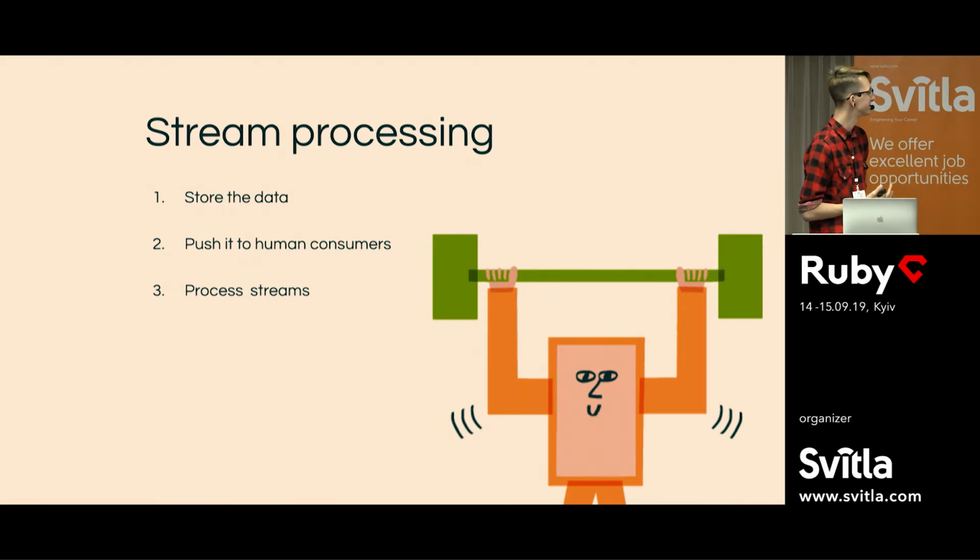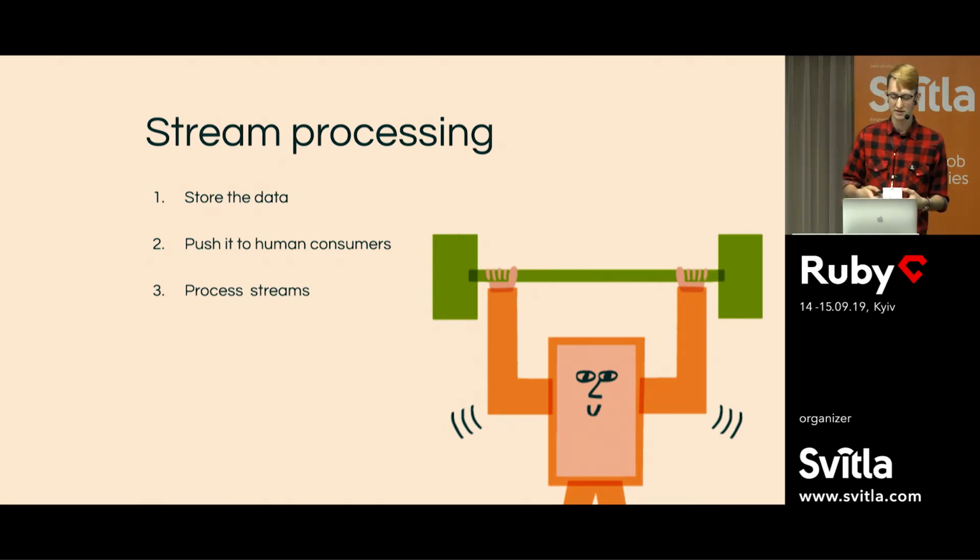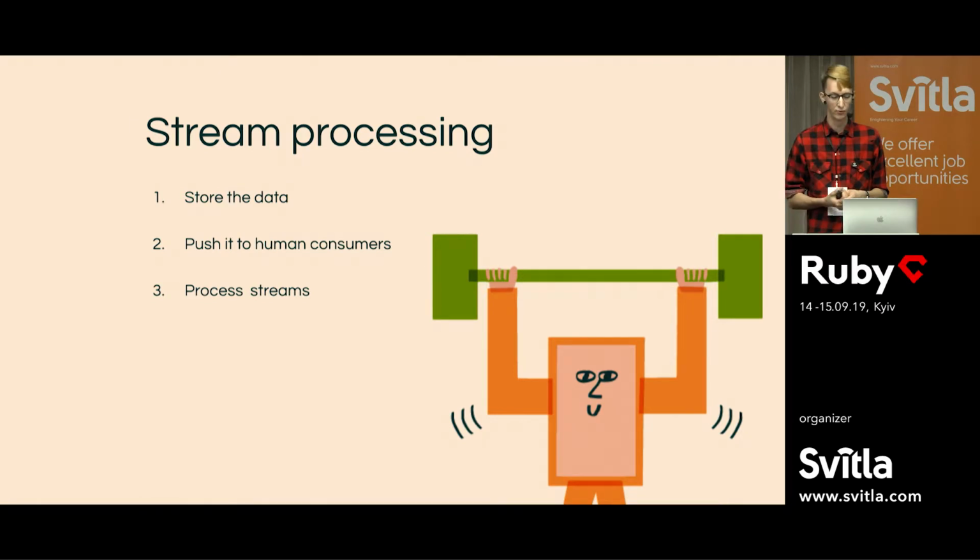Another option is to push the events to users in some way, for example, by sending them an email alert or a push notification, or just by streaming the events to a real-time dashboard where they are visualized. And in this case, a human is the ultimate consumer of the stream.